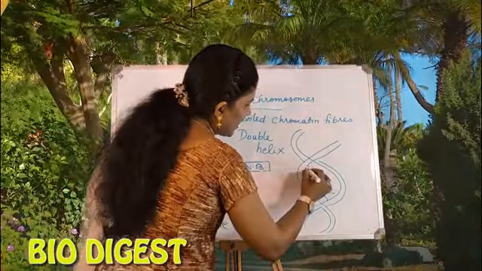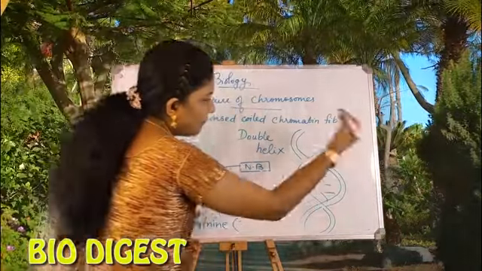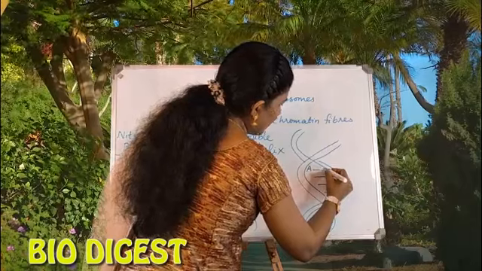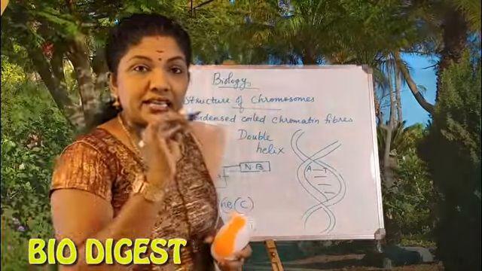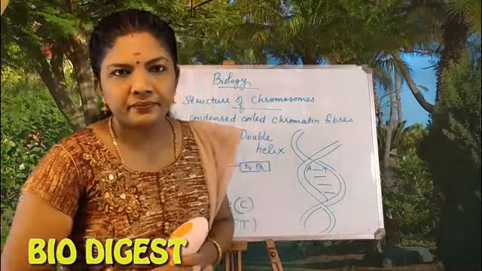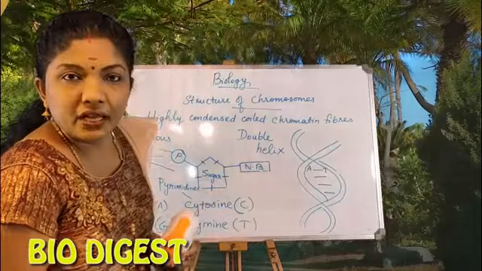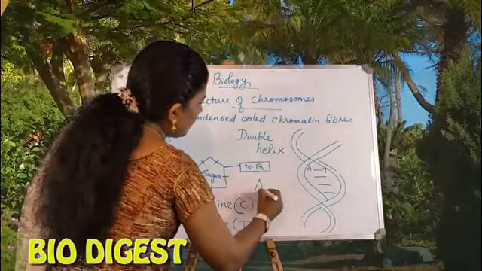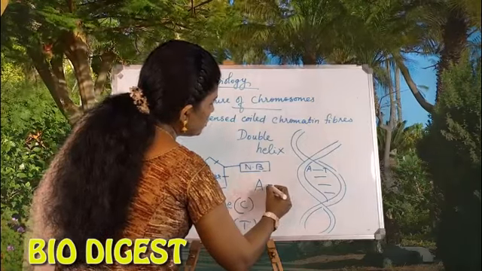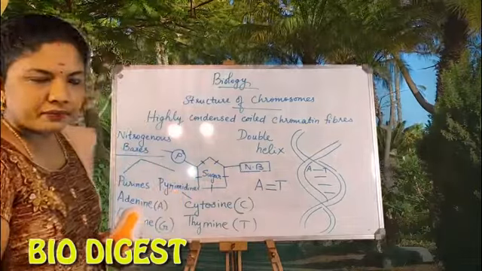So if A is there, that means if adenine is there, opposite to that there will always be thymine present. So you can remember it like AT. If A is there, on the opposite side there will always be T present. So adenine will always bind to thymine by a double bond like this.